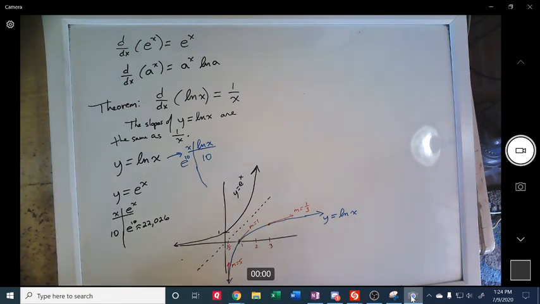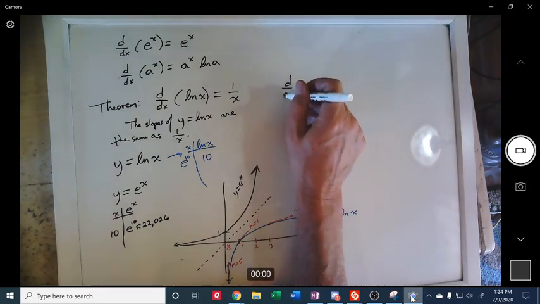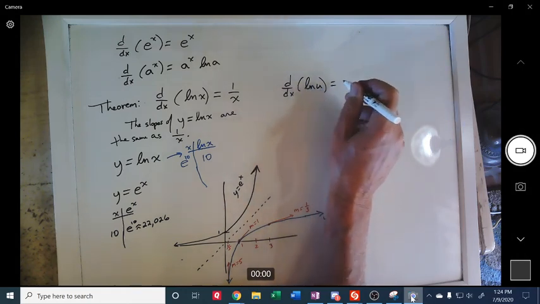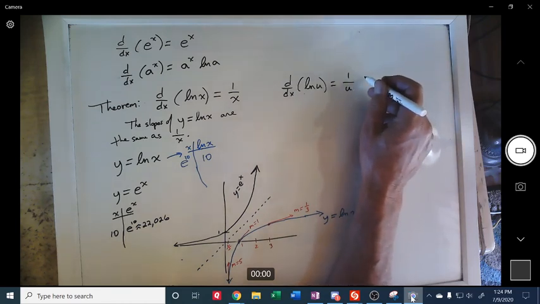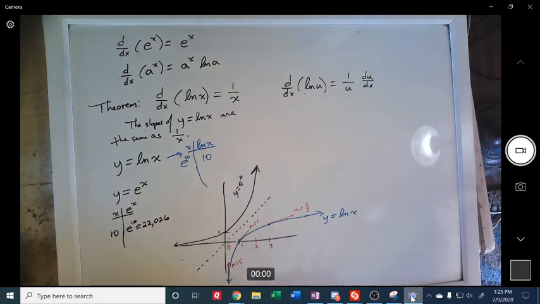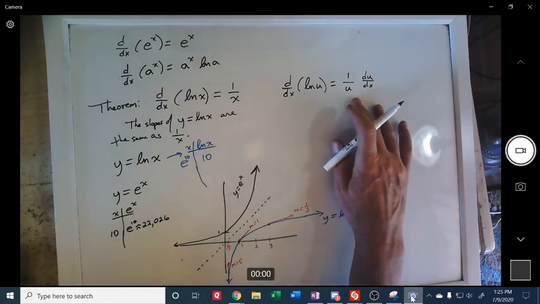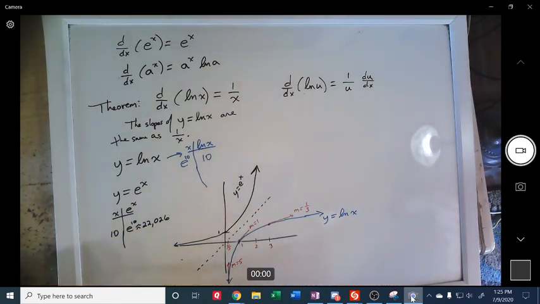All right, now, when we generalize this for the use of the chain rule, d dx of ln u is 1 over u times du dx. Right here. So this is actually what we would use more often. This is for the very simple problems. This is the rule we use for the more complex versions.